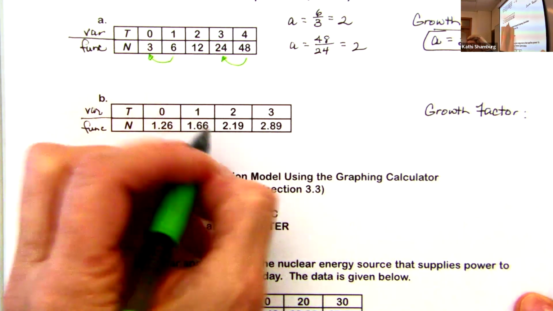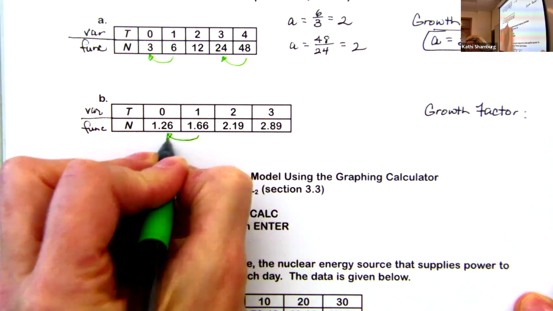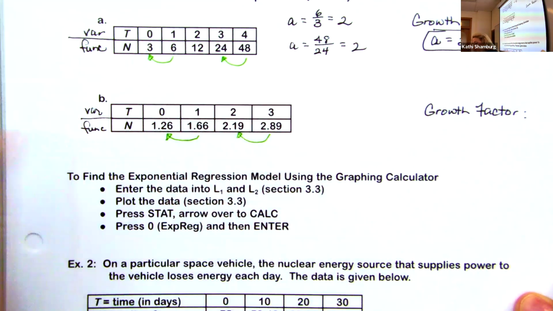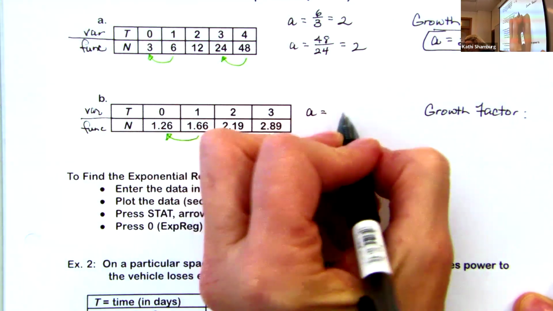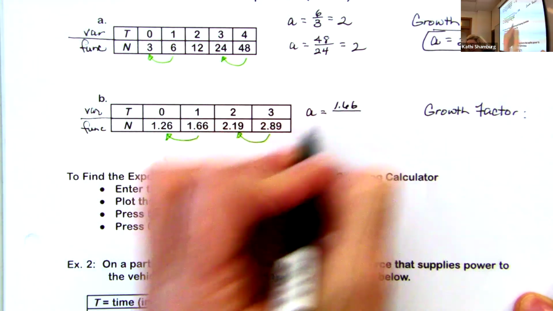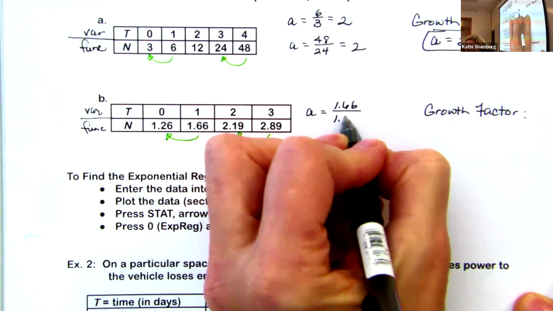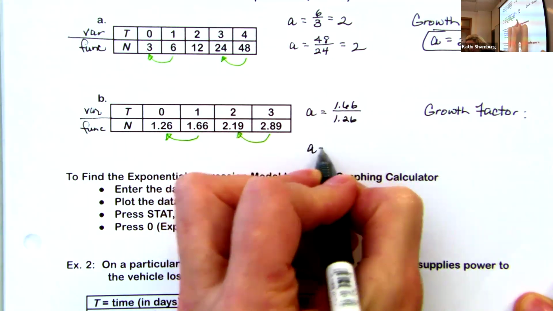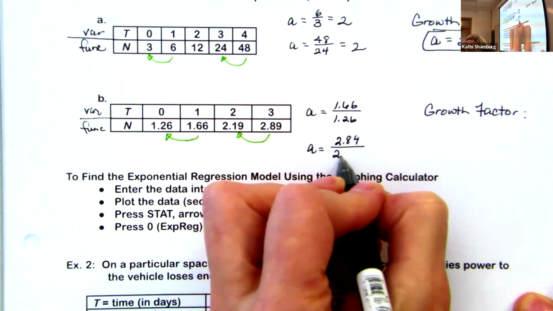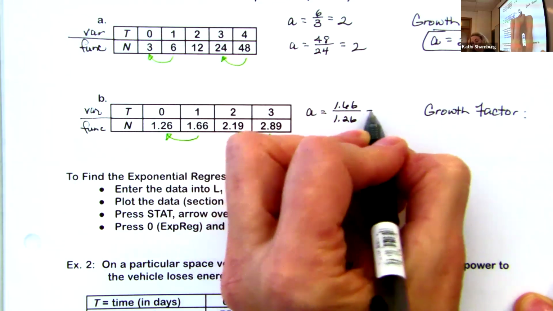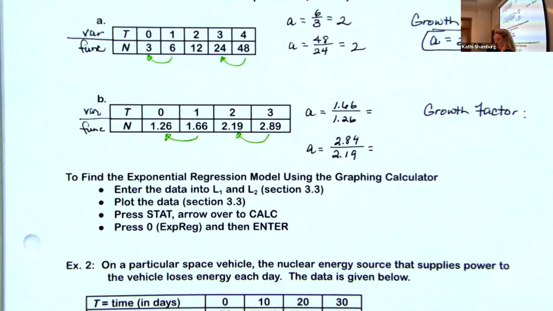So what we're gonna do to determine, decide, or show is we're gonna do this division. You're gonna take the first two and do 1.66 divided by 1.26. And then you're gonna take the last two, 2.89 divided by 2.19. So if you'll calculate that and give it to me, 2 decimal places will be sufficient.